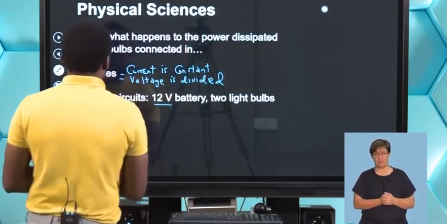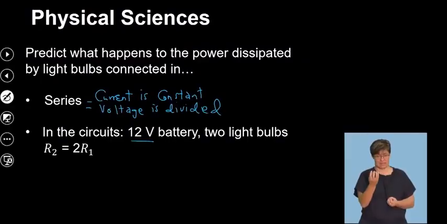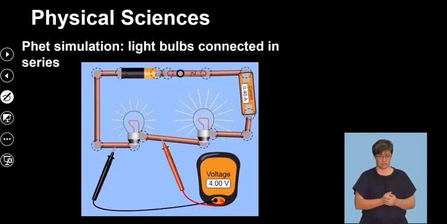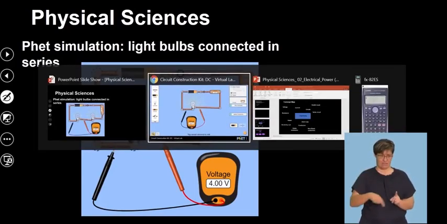In this circuit, we'll have two light bulbs which will serve as resistors. One resistor has double the resistance of the other. So this is what our circuit would look like. We just want to compare what happens in terms of power in that circuit. So let's go to the simulation.